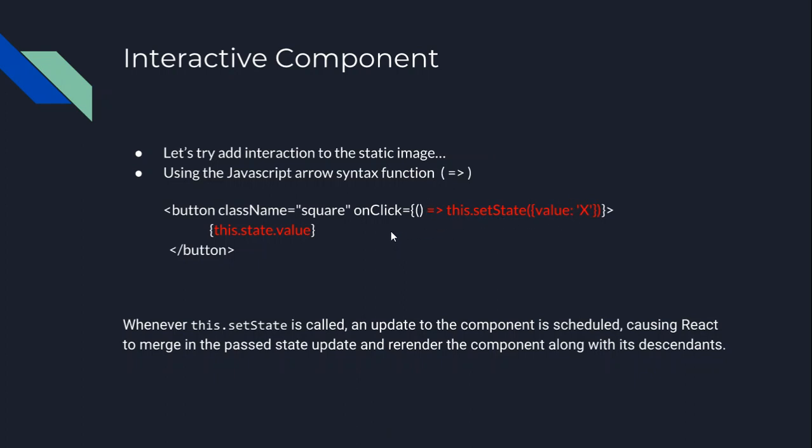So in this case, whenever we click a square, it will set the value of x, and we call setState and this state value.